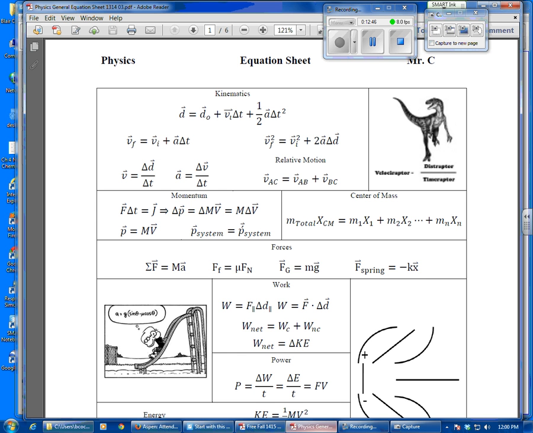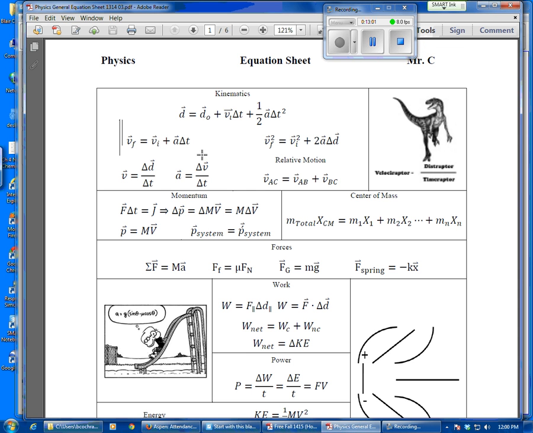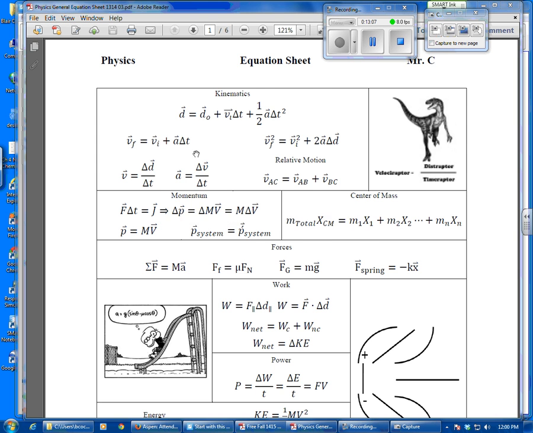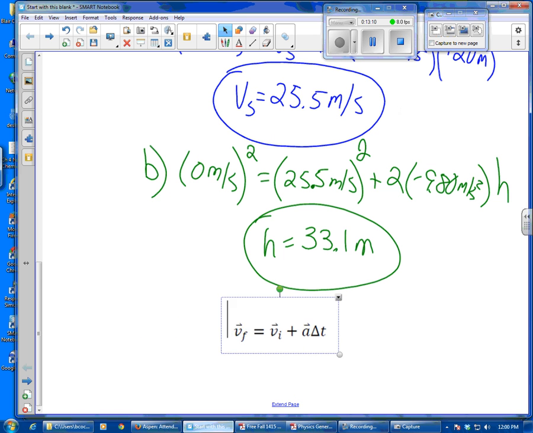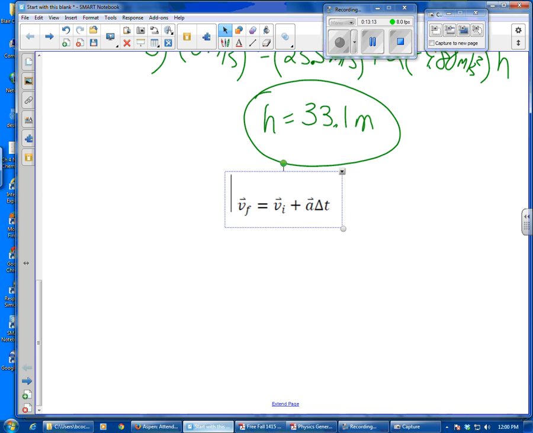We really know so much that we could use either equation to figure out how long it took to get up to that window. I'm going to pick the second one, just because it seems a little bit easier to solve for t. So this is part C. I know that when it gets up to the window, it's going positive 16 meters per second.